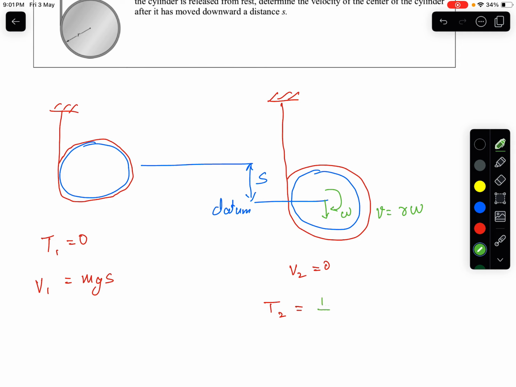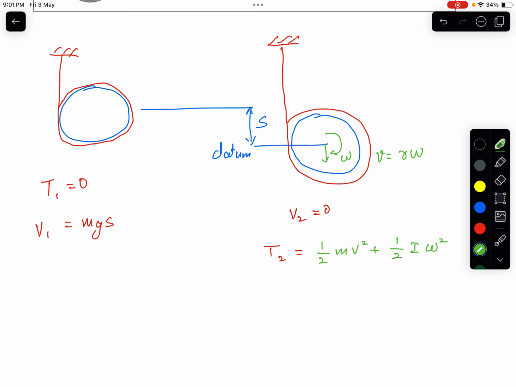So now the kinetic energy can be written as half mv square plus half I omega square, or you can say half (mr square plus I) times omega square. Okay, so this is the kinetic energy and potential energy.